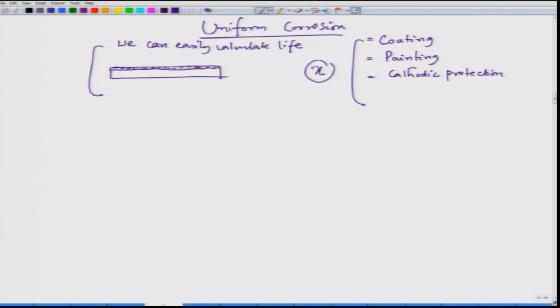Let us come to those forms which show localized attack. If I come to galvanic corrosion, why does this term galvanic come up?